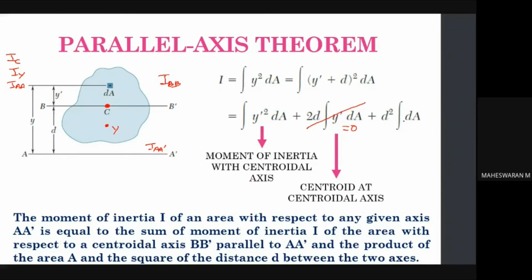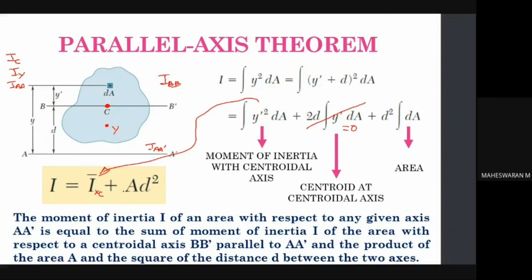Integral dA is nothing but the area. So I get a formula here: I is equal to the moment of inertia with respect to the centroidal axis, Ix, plus area times d square.